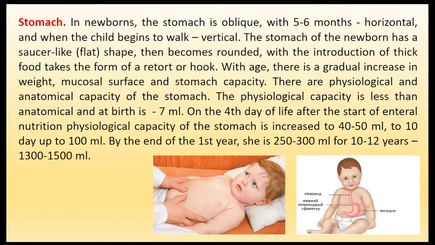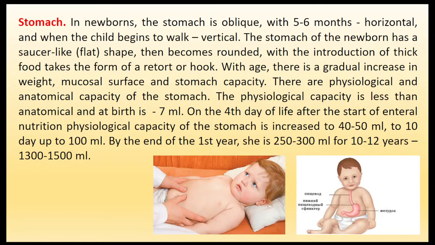The stomach of the newborn has a saucer-like shape, then becomes rounded with the introduction of thick food, taking a retort or hook shape. With age, there is a gradual increase in weight, mucous surface, and stomach capacity.